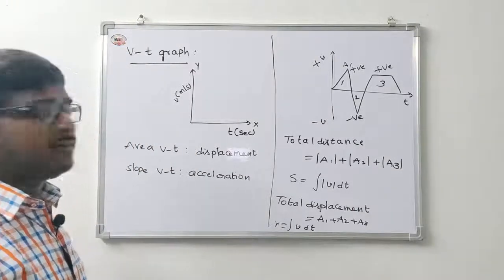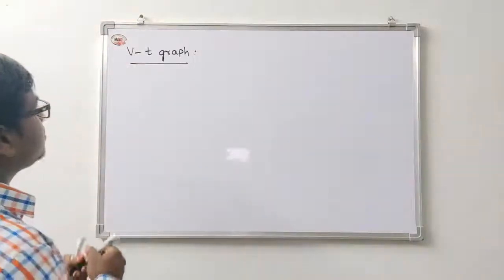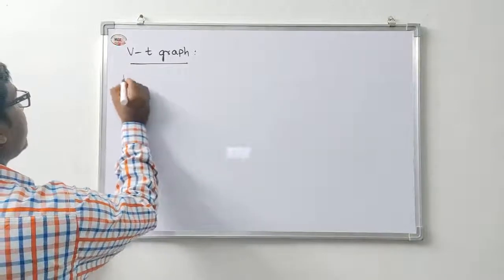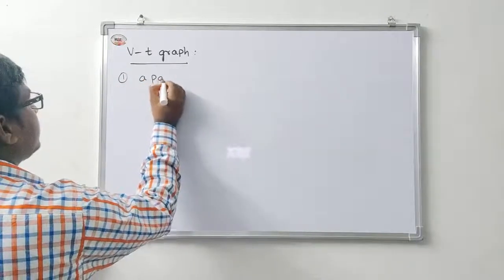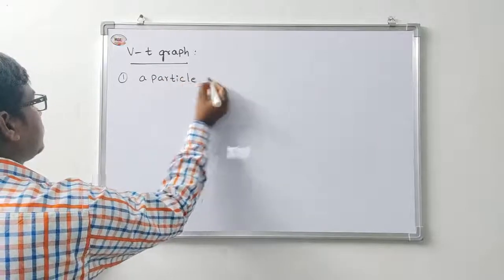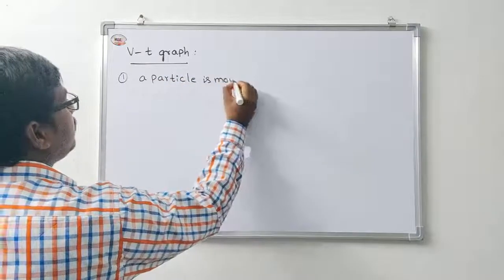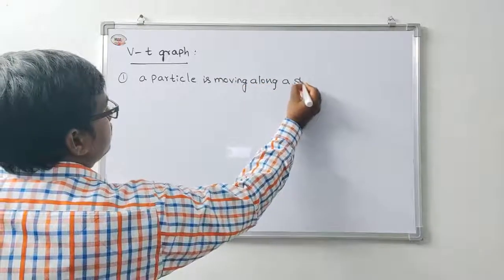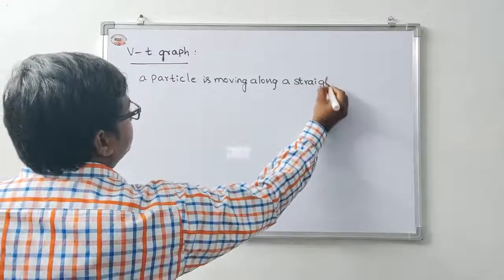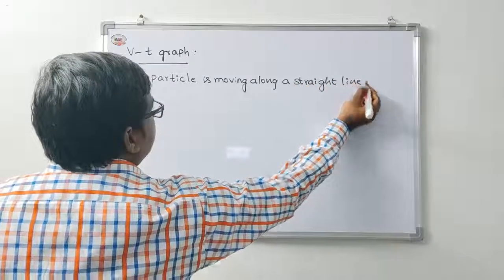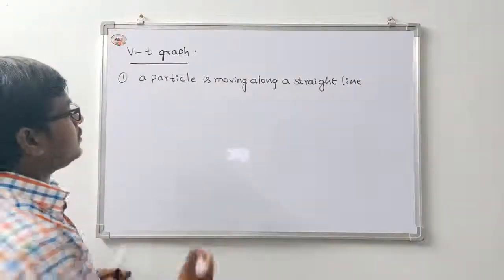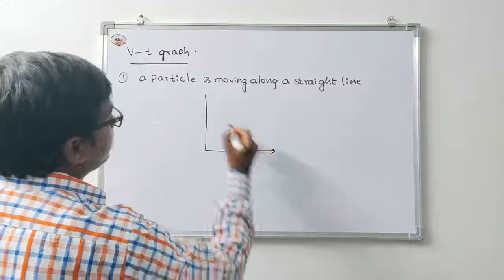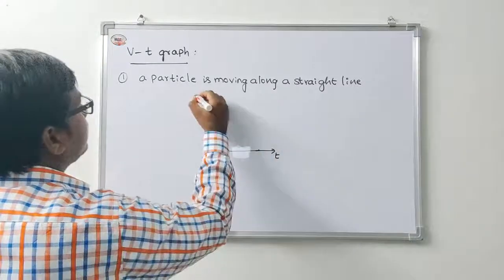The next one: a particle is moving along a straight line. For example, draw the velocity time graph.